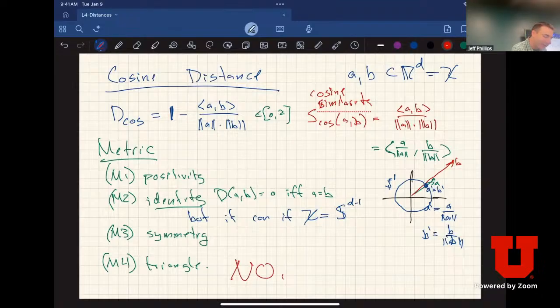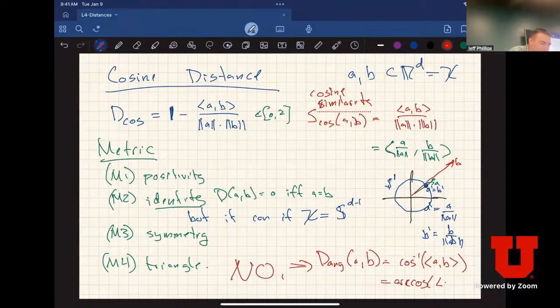If people care about this, they often transform it into something called the angular distance. The angular distance between A and B is defined as, okay, get this right, as I undo the cosine part, the arc cosine of A dot B. This is a trig operation.